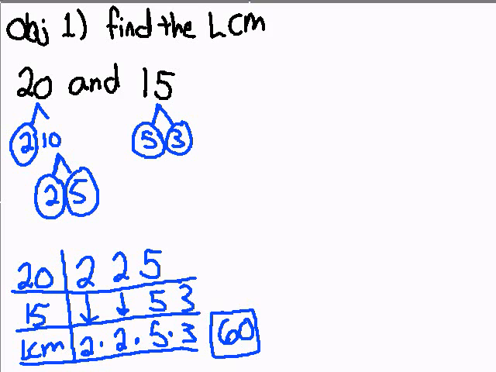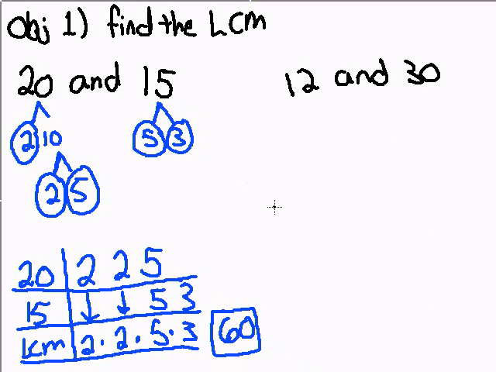Go ahead and, on your own, pause the video, and try to find the least common multiple of 12 and 30. So for 12 and 30, hopefully you factored those out. 12 was 4 and 3, 2 and 2.